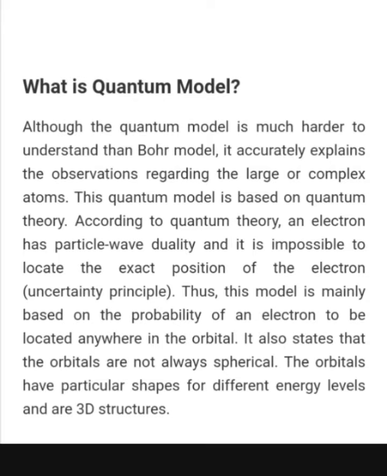According to the quantum theory, an electron has particle-wave duality, and it is impossible to locate its exact position. That's what I was trying to explain before. Locating the exact position of the electron is the uncertainty principle. Thus, this model is mainly based on the probability of an electron being located anywhere in the orbital.